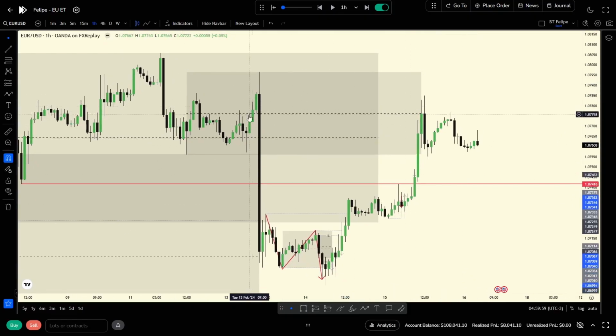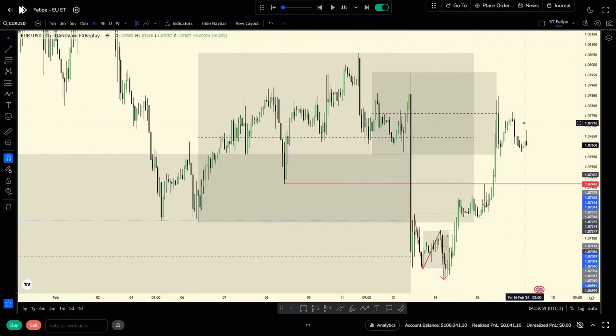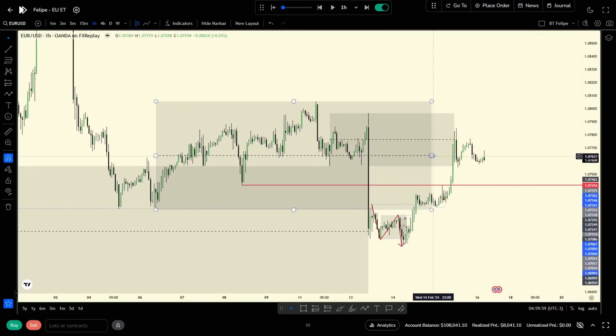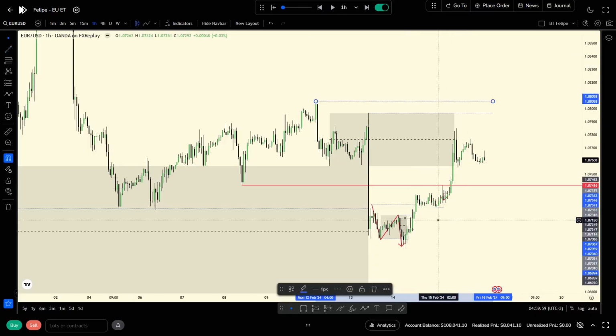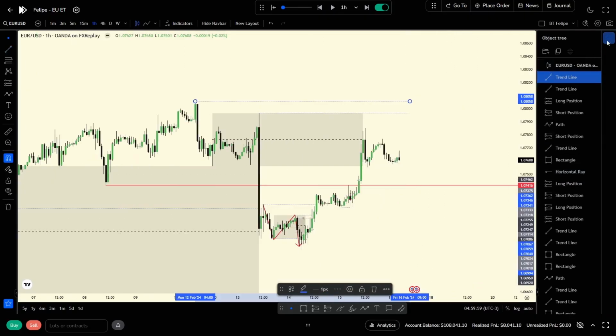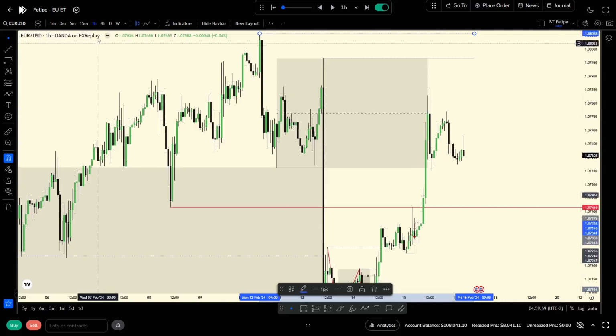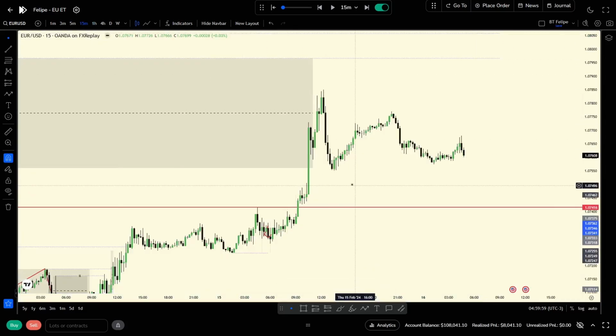Okay, now tapped this, the 50 of this POI. Took this liquidity of this leg.